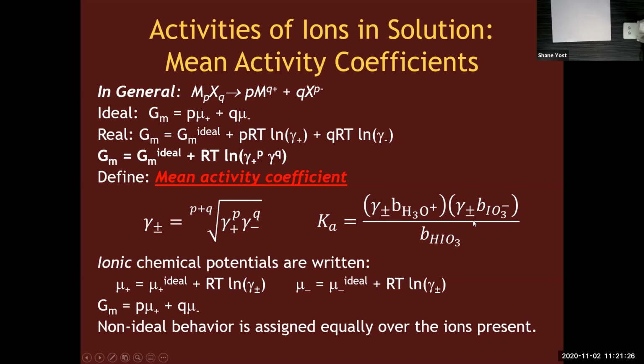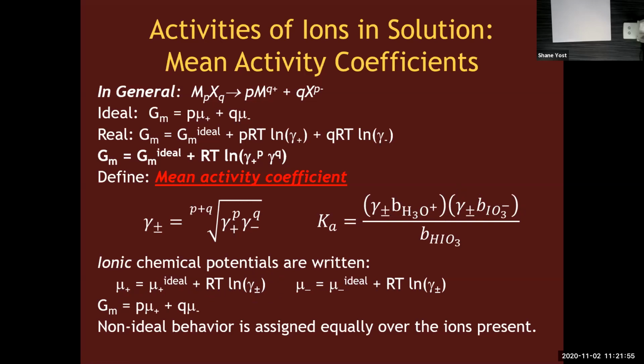So that the chemical potential of the cation and anion, their deviation from ideal values, are going to be the same. Because again, that deviation comes from the activity coefficient, we're just basically going to assume that they are the same. And so this generalizes and spreads out this non-ideal behavior equally amongst the cation and anion in solution.